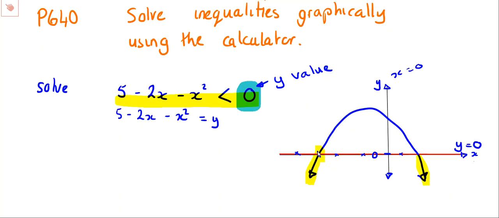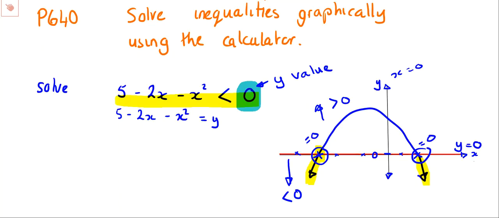So at this point here, and this point here, you've done this when solving quadratics. This is where the function equals 0, both of those. Below it is where it's less than 0, and anything above is when it's greater than 0. Does that make sense? Equal to is just those 2 points there.